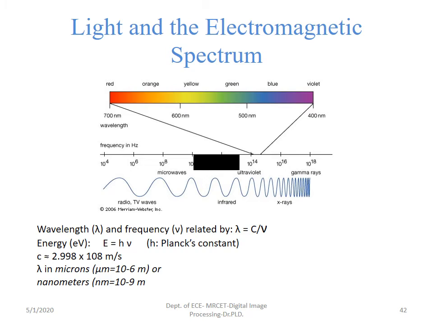The relation between Planck's constant and energy is E equals h nu, that is h f. Here c is the velocity of light in free space, and lambda is the wavelength, here represented in nanometers, 700, or otherwise 0.7 micrometers. So micrometers or nanometers is the notation given.